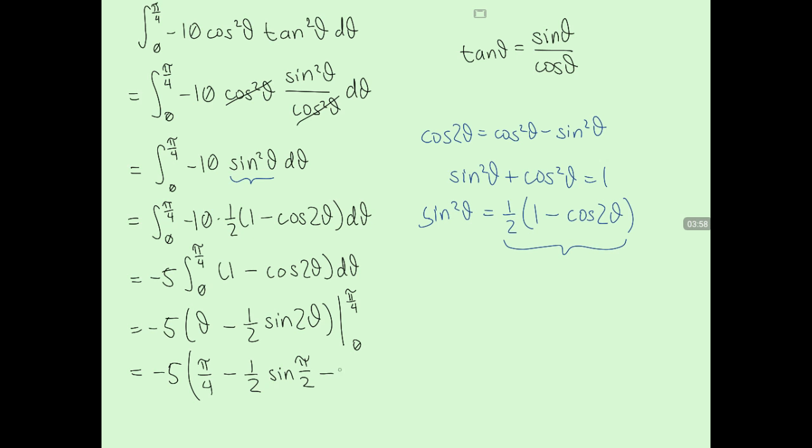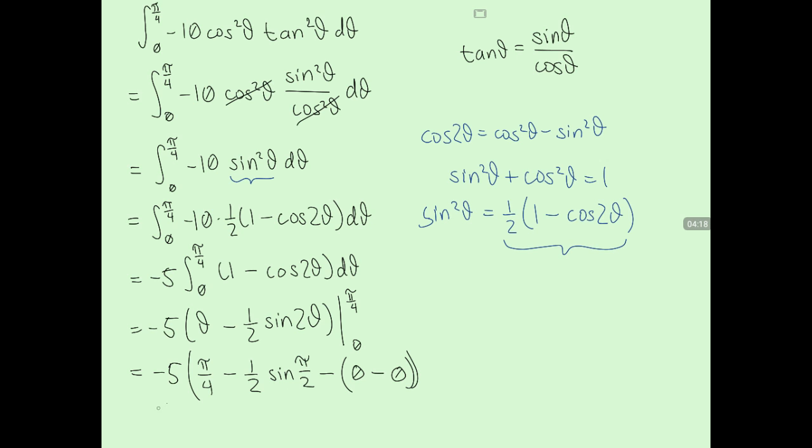And this is going to be minus this thing evaluated at 0. So theta equals 0, well that's just 0, minus 1/2 sine of 2 times 0, 2 times 0 is 0, sine 0 is 0, so it's all 0 for the second part, so that's easy.